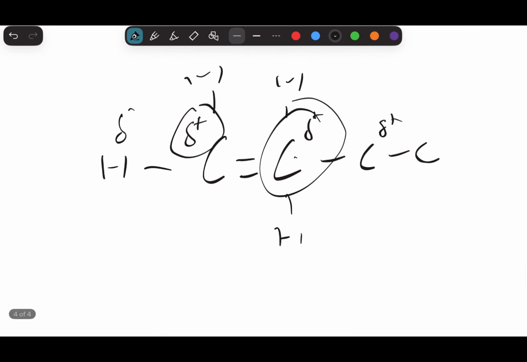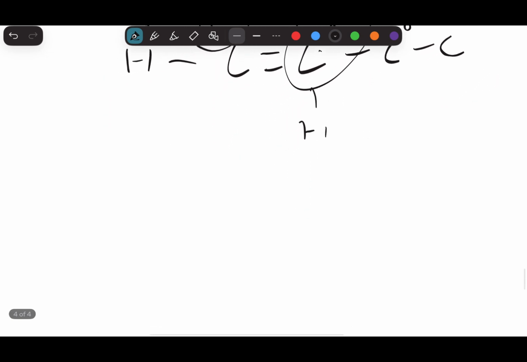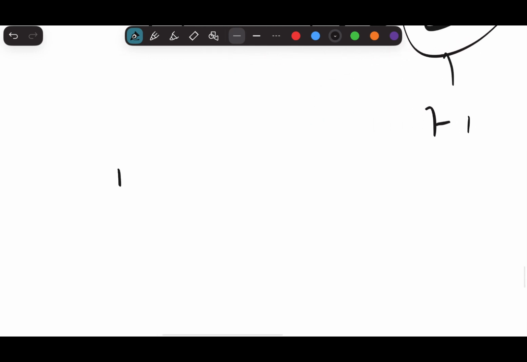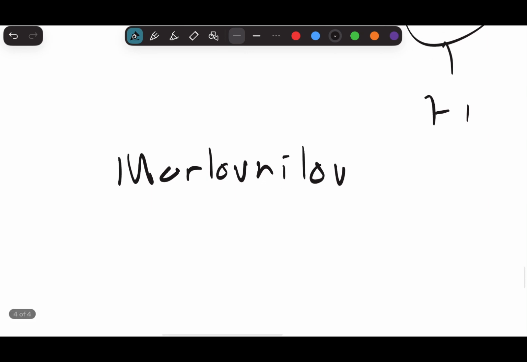I know this explanation isn't the best, but here's something that would also help you, which is Markovnikov's rule. It's a Russian scientist, basically.